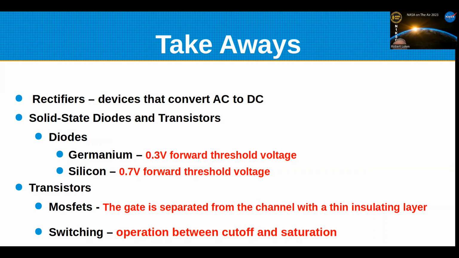MOSFET is a gate separated from the channel with a thin insulating layer. That's the MOS, metallic oxide part of the name. And if you're using them as a switch, you're operating between cutoff and saturation. You're not operating in the linear region. It's either on or off.